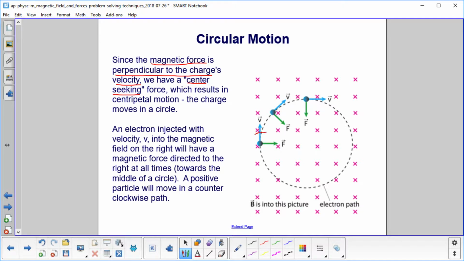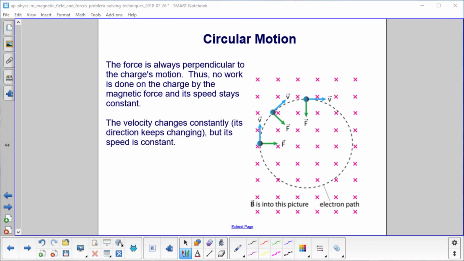So we've injected an electron here into this field, and it will have a magnetic force directed to the right at all times, no matter where it is in the field. That force is making it move in a circle. Now you might say, wait a minute, why is the force that way? It's an electron. Okay? If it were a proton, what would happen? It would be orbiting in the opposite direction.